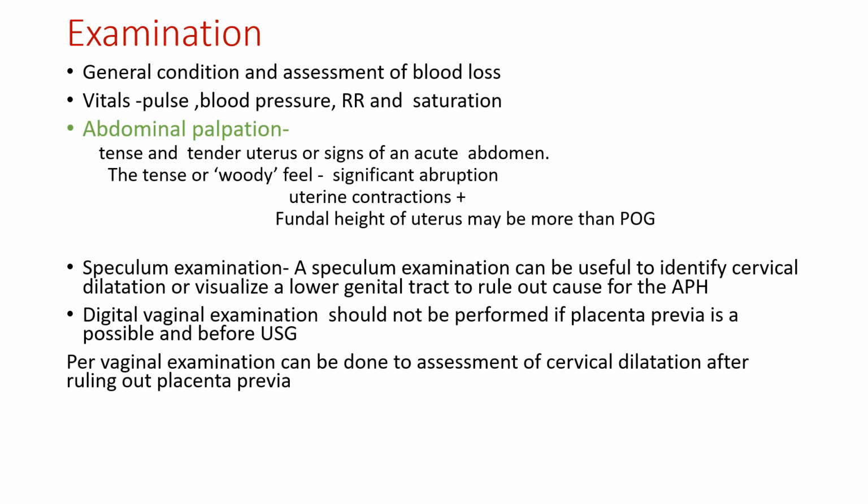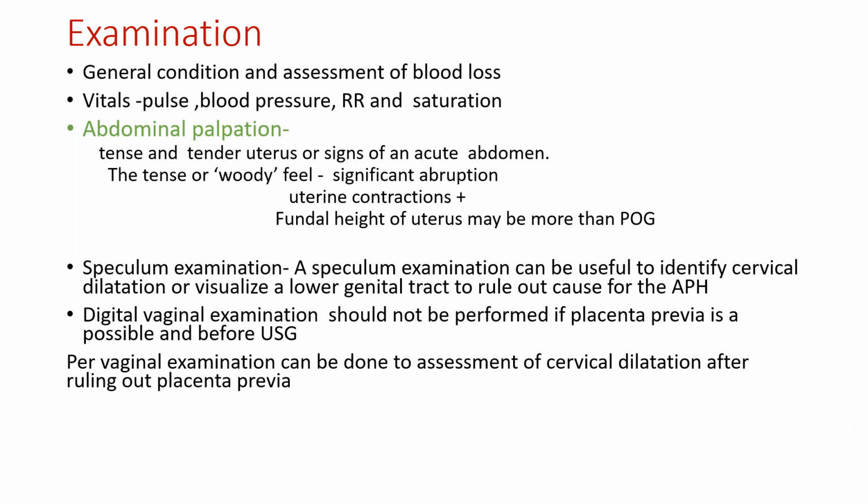Other indications of pervaginal examination in these cases are to assess the cervical dilatation after ruling out placenta previa. You want to know in what stage of labor the patient is, what the cervical dilatation is, and all parameters. And of course, to rule out any kind of cord or any pulsations you can feel through the cervix in cases of vasa previa.